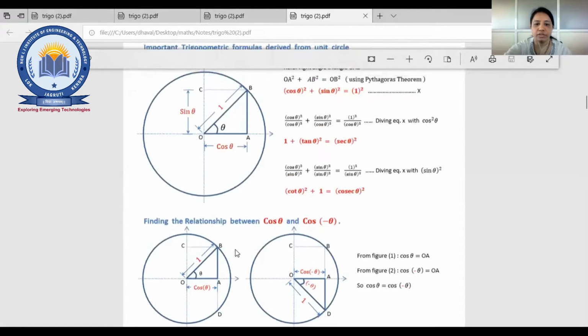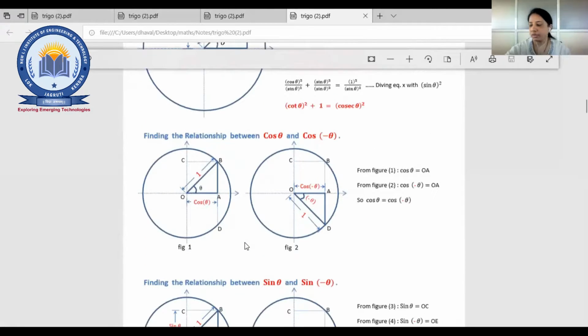So the difference between cos theta and cos minus theta. You can see here the unit circle, right? The definition we have already seen. So this is cos theta, which is positive. In the other figure, theta is minus theta, so here we can write cos of minus theta.